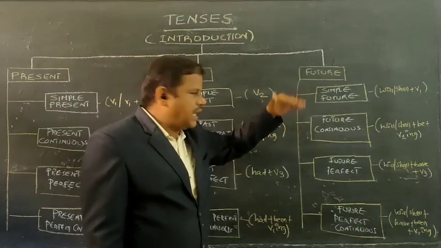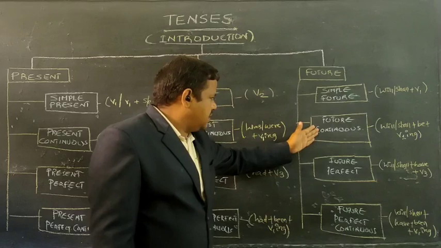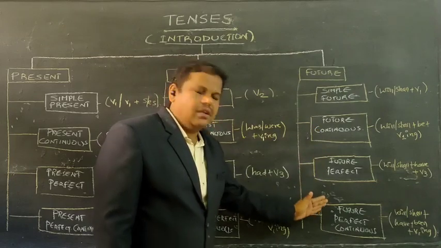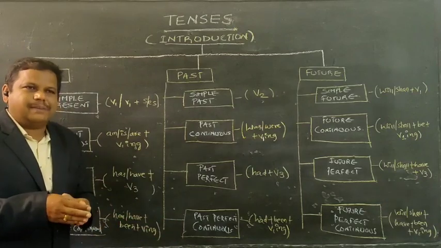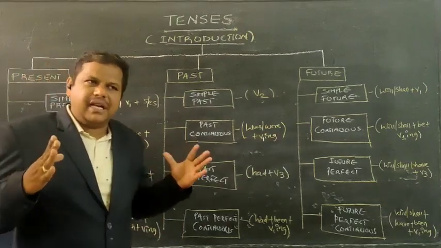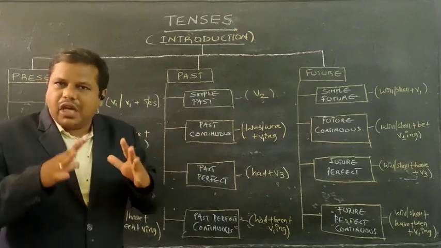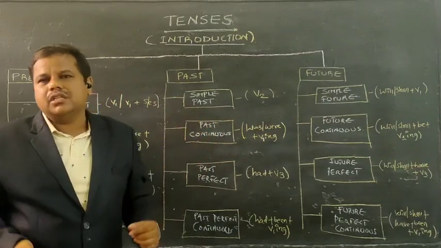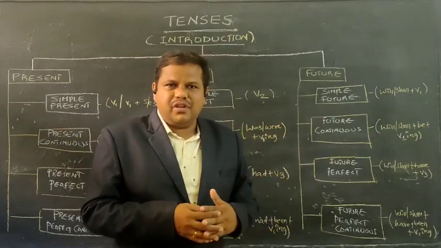Even the future is classified into four types: simple future, future continuous, future perfect, future perfect continuous. As I explained, four different types of states with three different types of time factors give us 12 different types of tense forms.